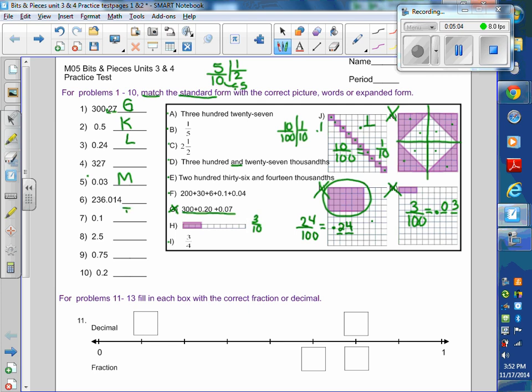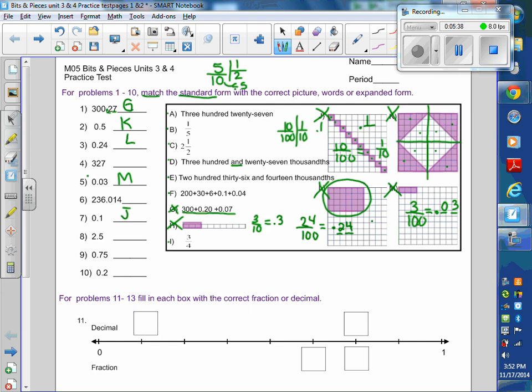That's J. And then H, we already said was 3/10. That's how you write it in standard form. So scan through, and there is no 0.3. So we don't use H. There's more choices than there are problems, so we're not going to use H. That helped us with a lot of problems just using the pictures up.